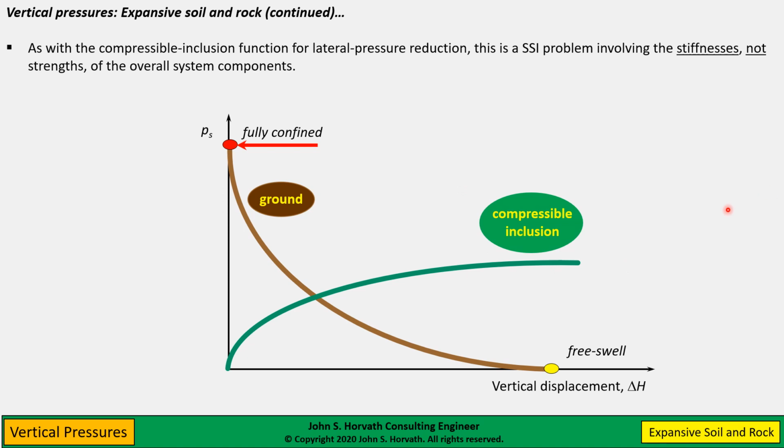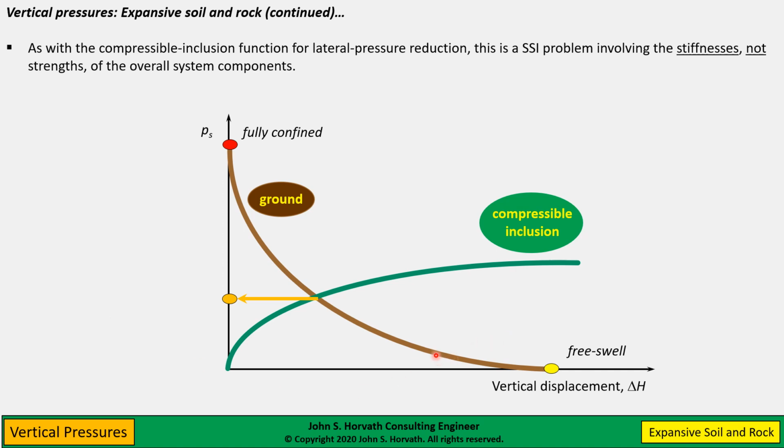So very similar to the compressible inclusions for lateral pressure reduction, essentially by now introducing a compressible inclusion in the problem, which is somewhere between fully confined and free swell, we're going to have some pressure, but obviously we're able to reduce it from the extreme pressures of a fully confined state.